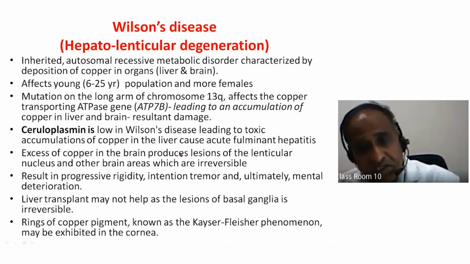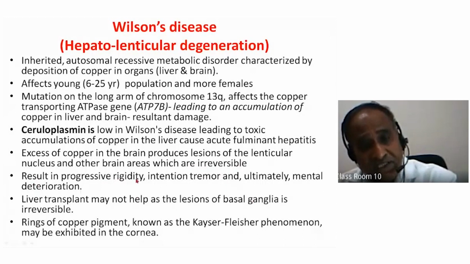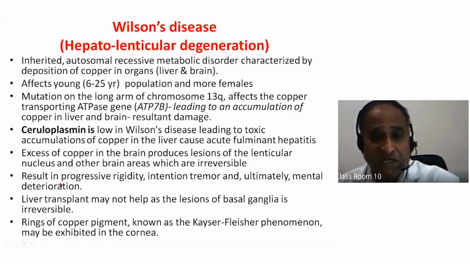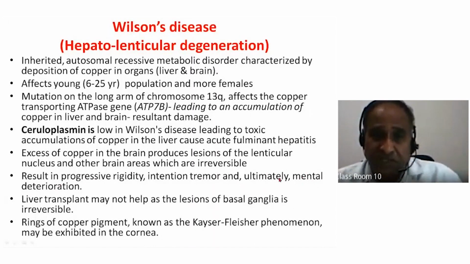And these lesions of the basal ganglia are irreversible. Now, this results in a progressive rigidity, intention tremor, and ultimately the mental deterioration. Mental deterioration may be due to the other pathways, because it is not only the pathways of the basal ganglia.